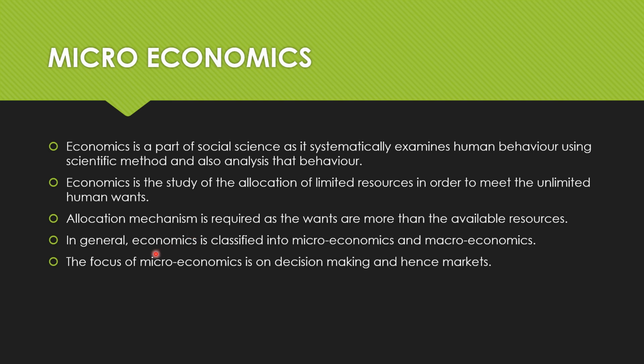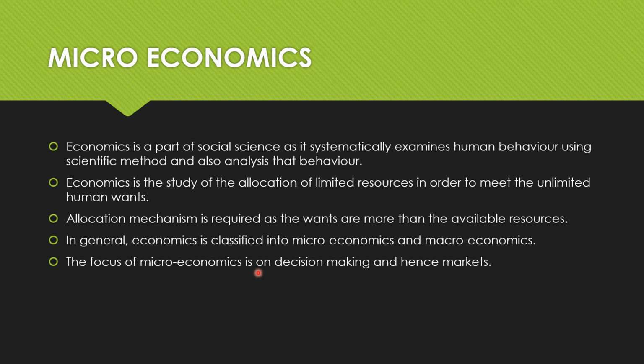In general, economics is classified as macroeconomics and microeconomics, and these are the branches of economics. The focus of microeconomics is on decision making. Microeconomics mainly focuses on how a firm or a household makes its decision. So microeconomics focuses on how an individual economic agent, like a firm or a household, makes a decision.